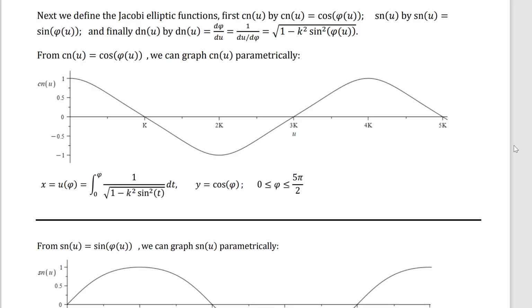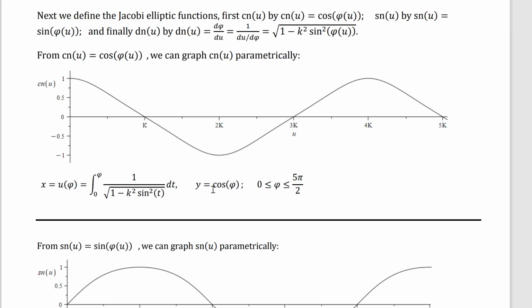So there's the graph. So as we saw, cn of u is defined by cosine of phi of u. So to graph that, I'll graph y equals cosine of phi, and that's the vertical axis, and the horizontal axis will be u of phi. I need the horizontal axis to be u if I want to graph cn of u. Right? So for y equals cn of u, the horizontal axis has to be u, so that's what we'll do parametrically.